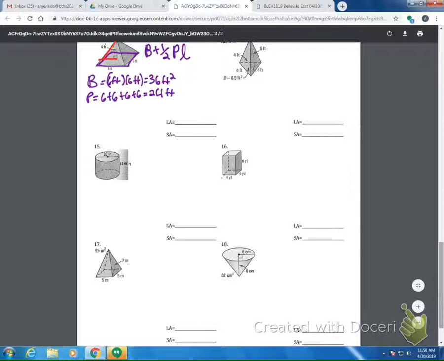That's right. We used the Pythagorean Theorem. So we're going to find L by using L squared equals A squared plus B squared. Okay, so what is your height of this triangle, Brandon? 4.